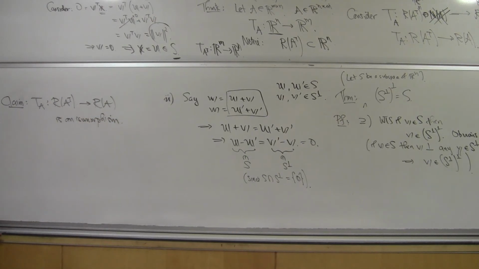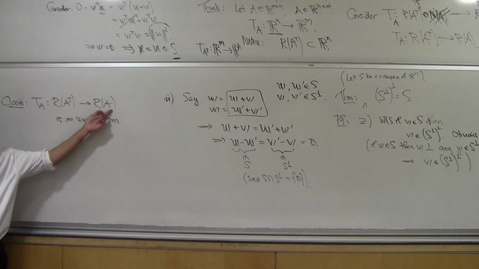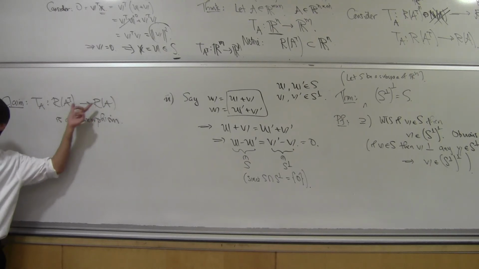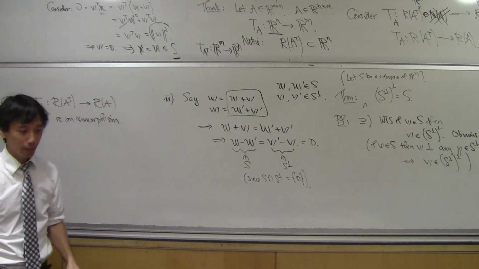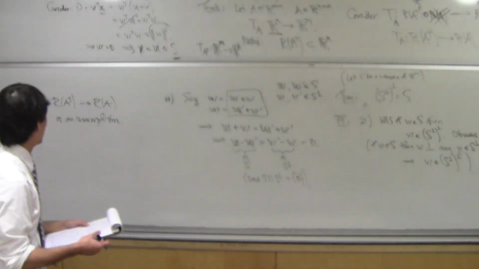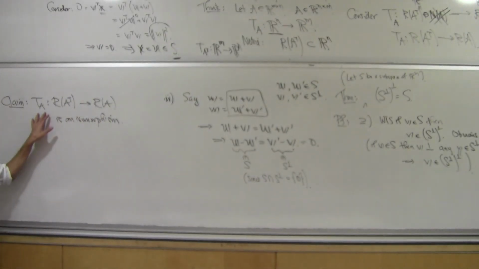In other words, the column space and the row space are actually isomorphic to each other. That's why they have the same dimension. There's actually an isomorphism between them, and the isomorphism is just multiply by A.